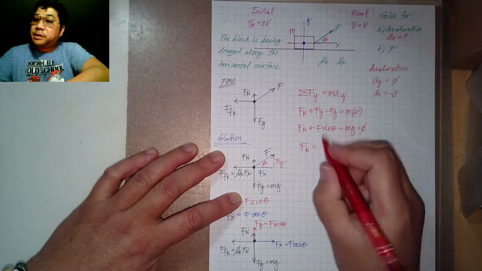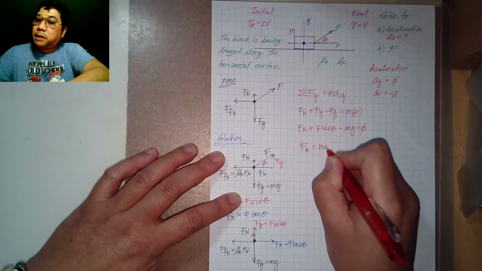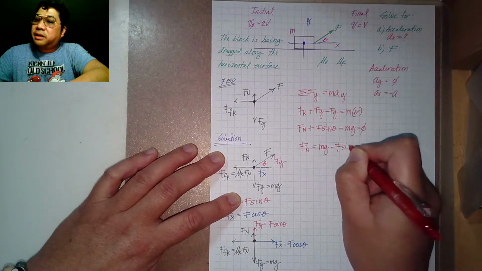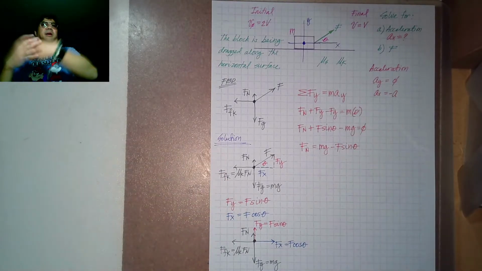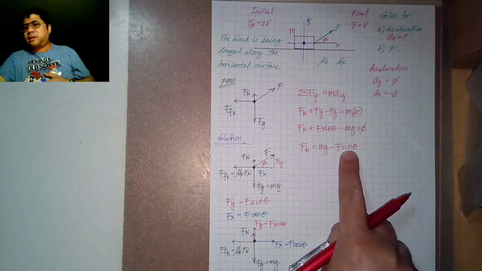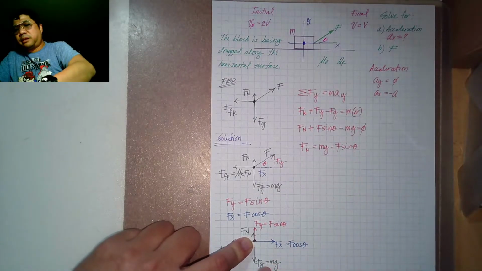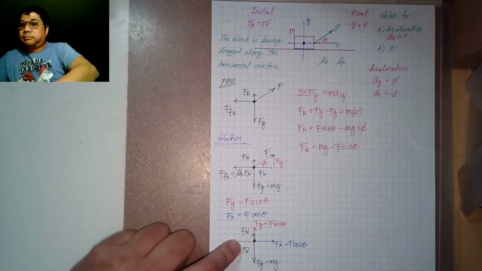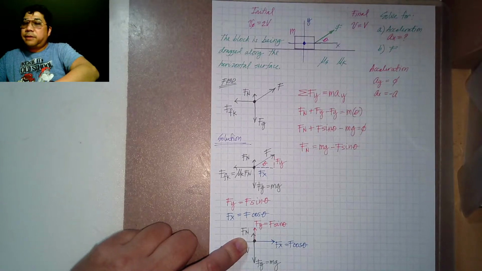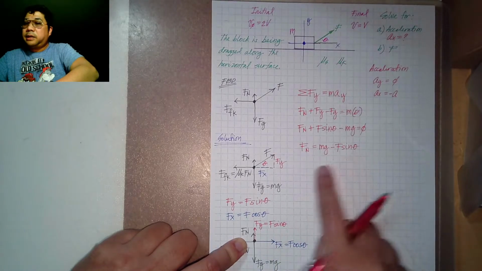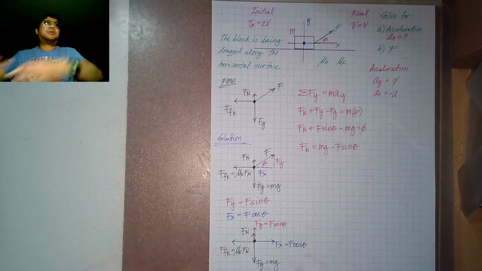You move it to the other side of the equation, and it turns positive: Fn equals mg minus F sine theta. If you analyze it at this point, the difference between Fg and your Fy is your normal force. Okay, so that's what it meant.